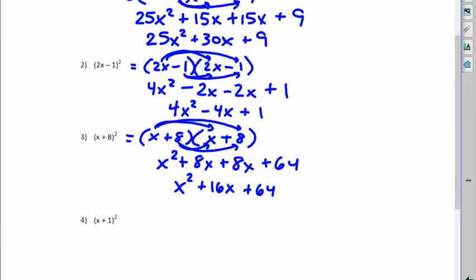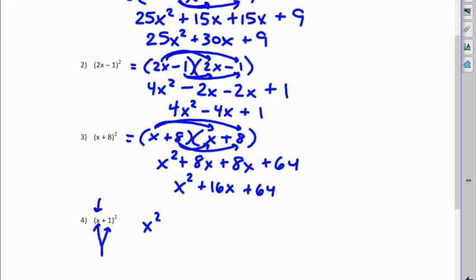Now, one trick you can use, now that we've done a few examples, is that as you get really, really comfortable with this, you notice that multiplying these terms together and then doubling it will be the inside term. So I can think of this as, okay, what is the x squared?